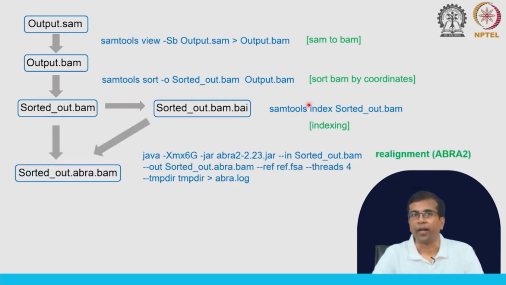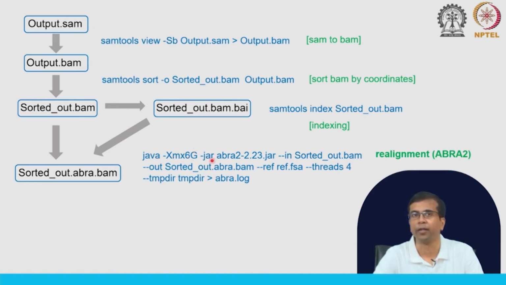Then we used these two files for realignment using this tool called ABRA2, with this specific command. Again, I mentioned what this command means. We are calling Java here, and limiting the memory usage to 6 GB.